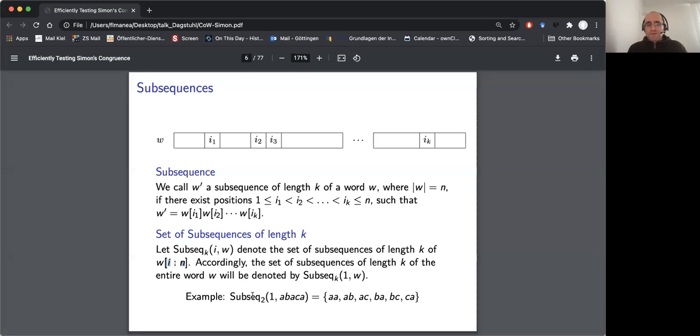And obviously the subsequences of length k of the entire word W will be denoted simply by Subseq_k(1, W). And if you want an example, consider the word ABACA, and the subsequences of length 2 of ABACA are obviously AA. You see A here, and so on position 1 and on position 3. Then AB, this is also a factor occurring on position 1 and 2, AC, and so on. So these are all the subsequences of this word here of length 2.